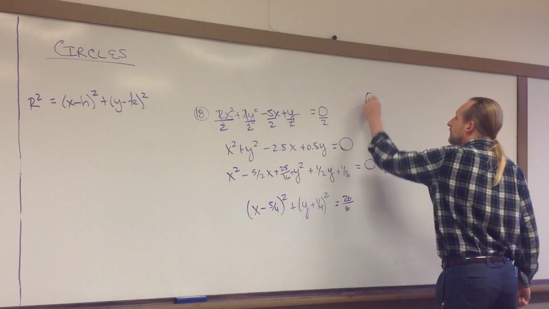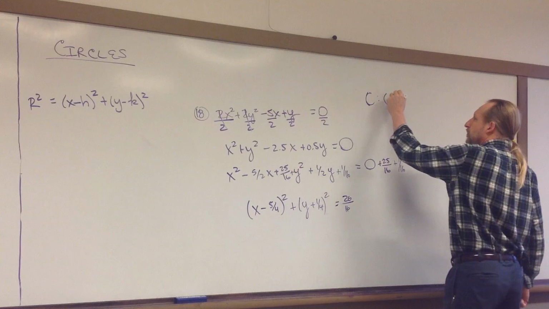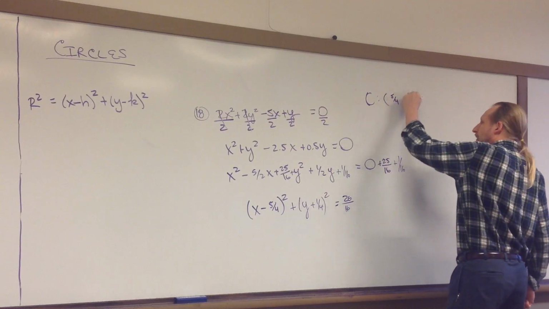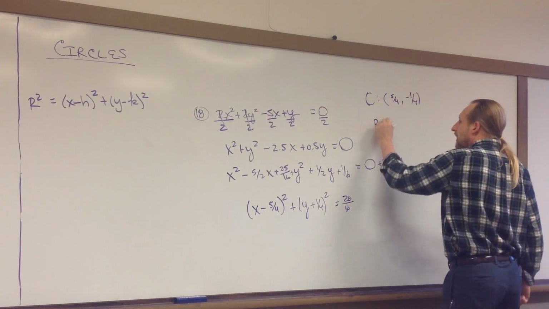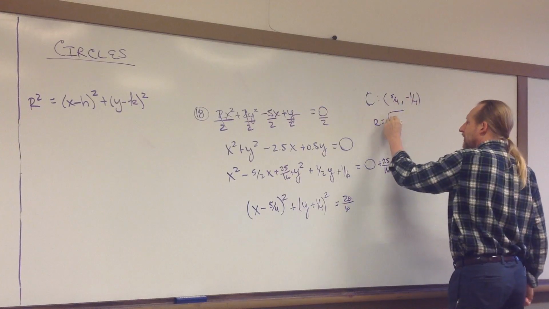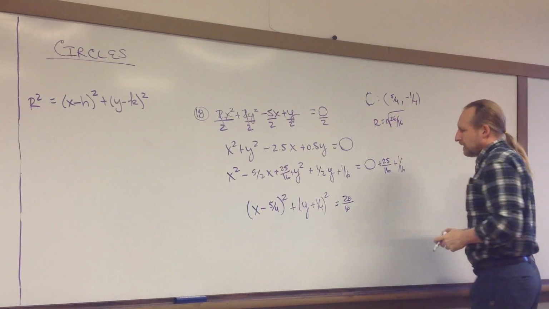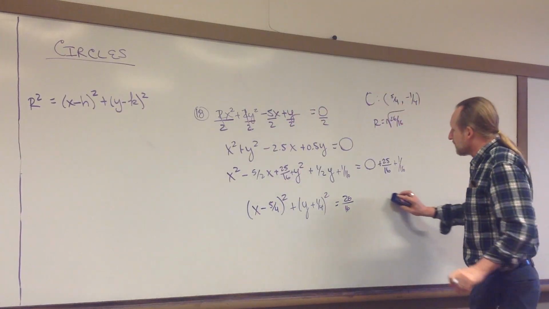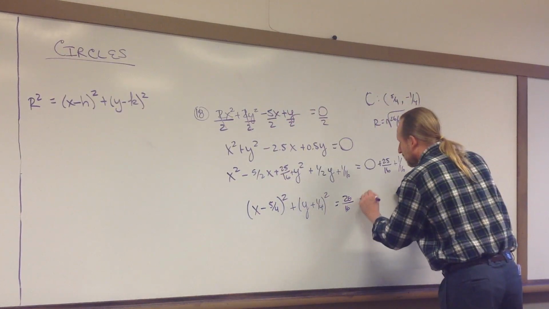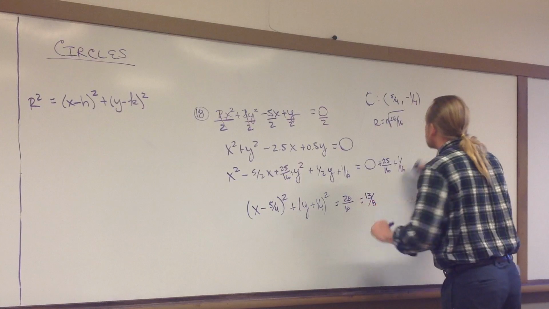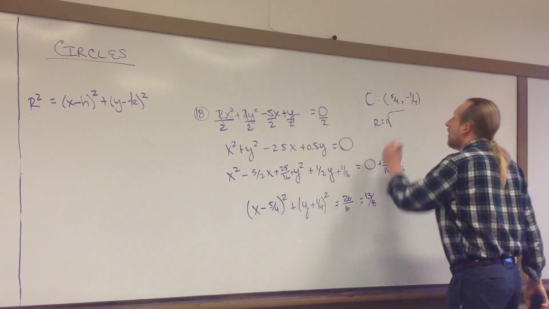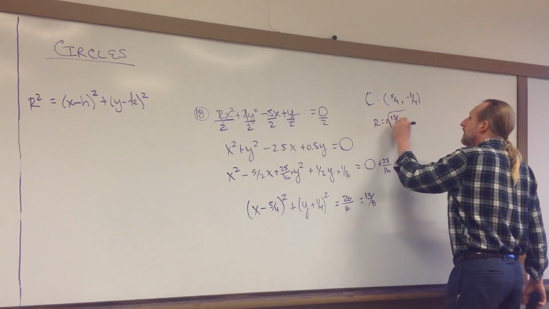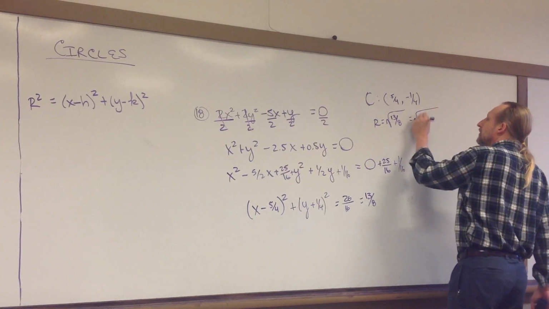So the center of the circle is going to be the point 5/4, negative 1/4, and our radius is going to be the square root of, well, let's go ahead and reduce that, because that's bad form. If we just leave that as 26 over 16, that's going to be 13/8.